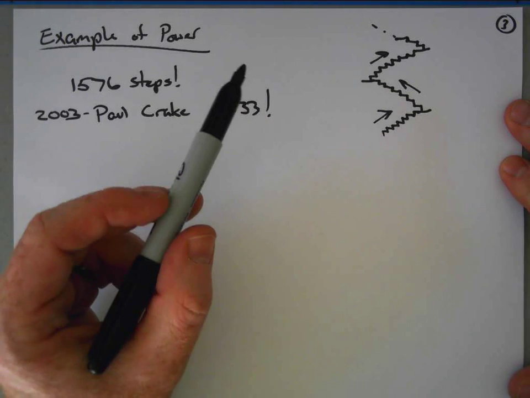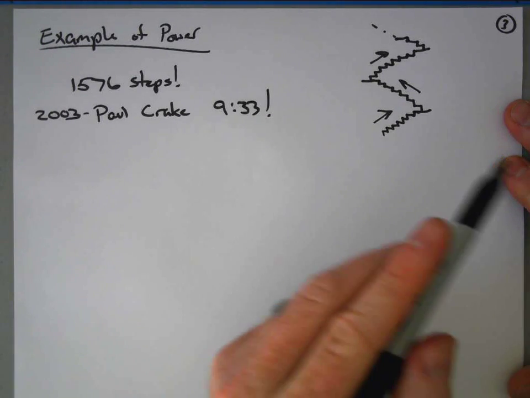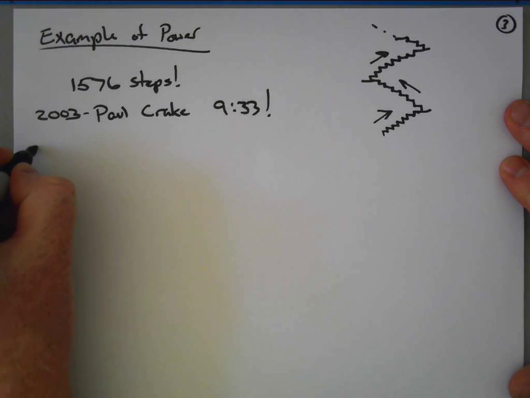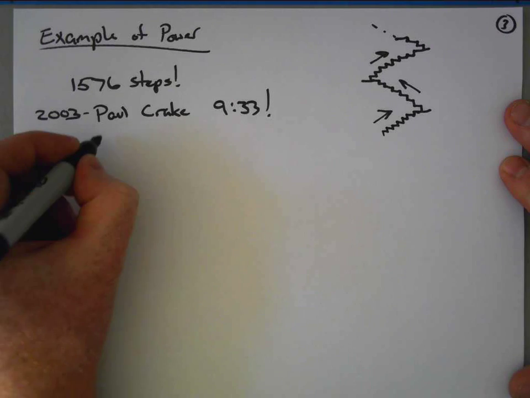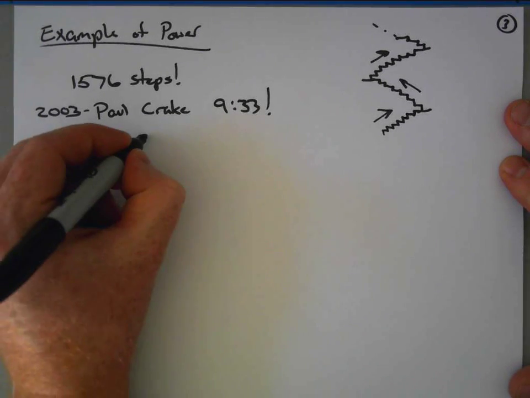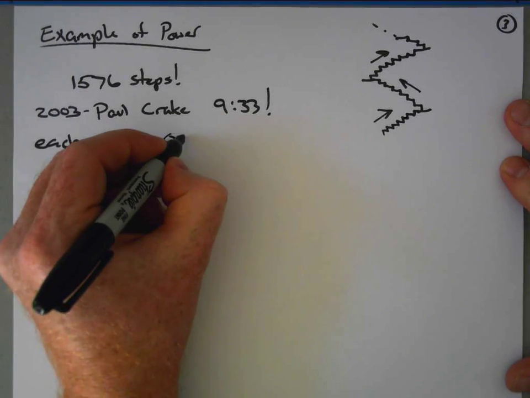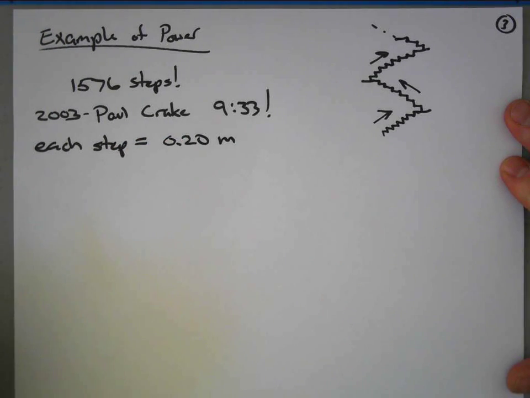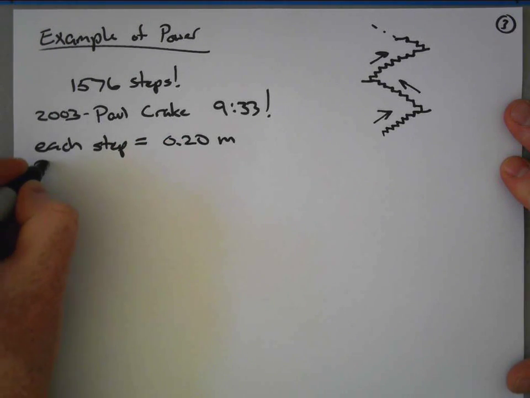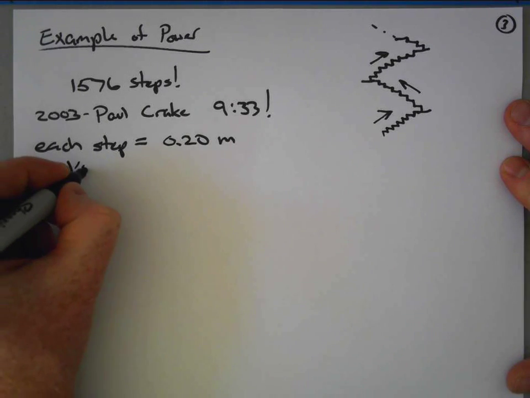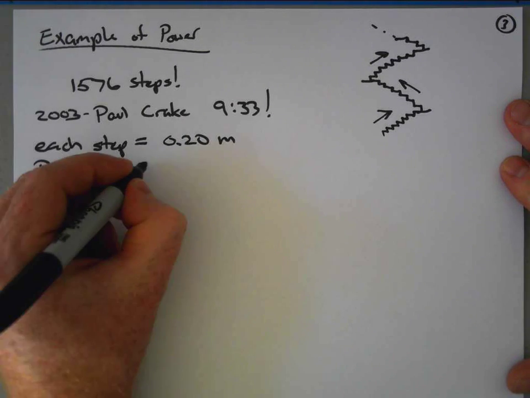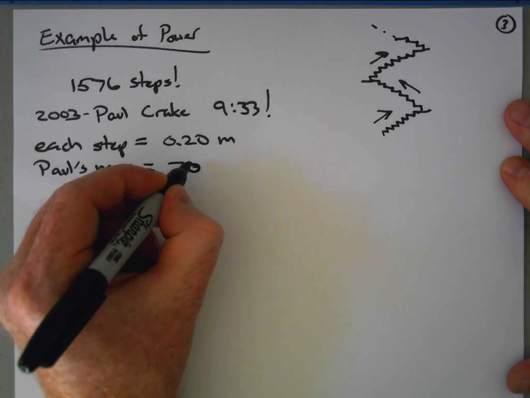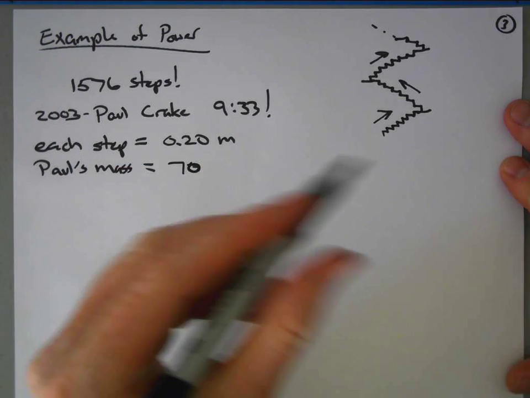Well, here's what I want to do. If we understand how big each step is, so each step, you're covering a vertical distance of 0.20 meters, and let's say we have a mass for this gentleman, nice even number of, let's give it 70 kilograms.